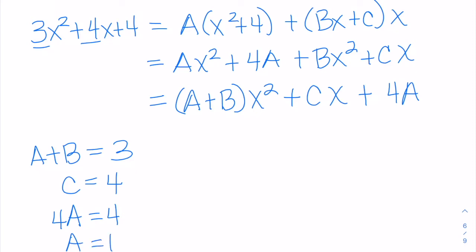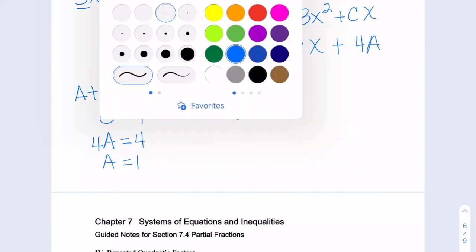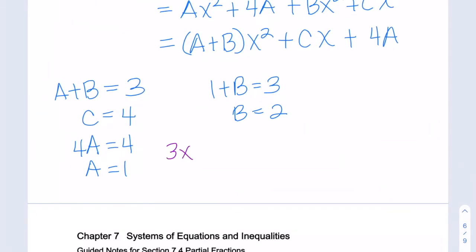When I plug in 1 for a, you can see really easily that b is equal to 2.